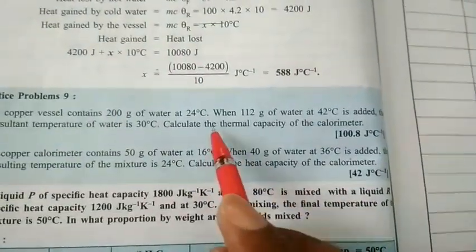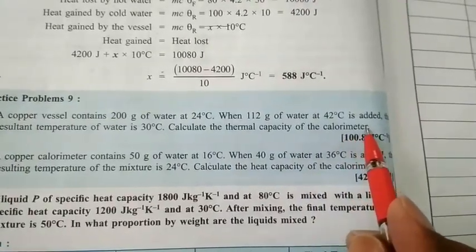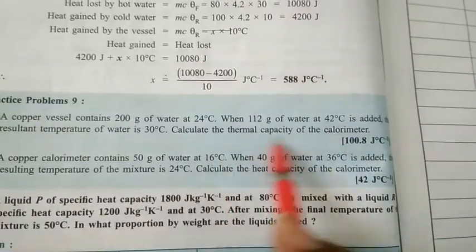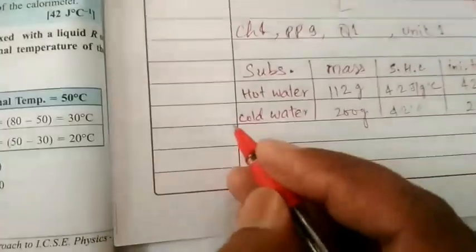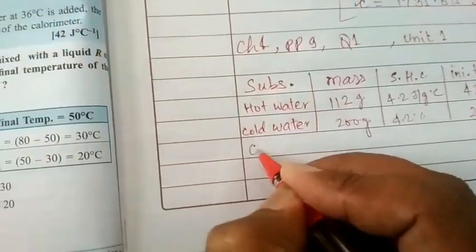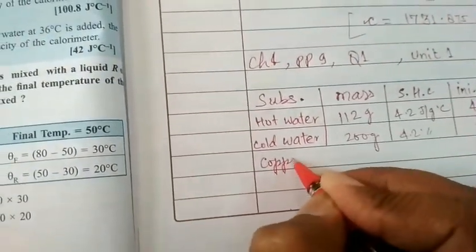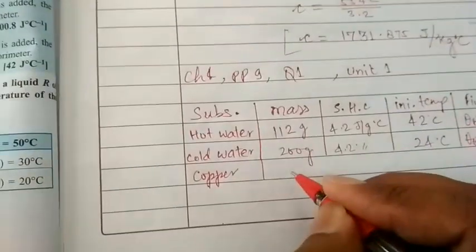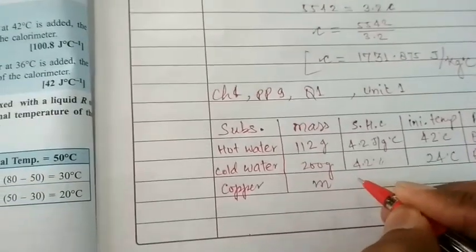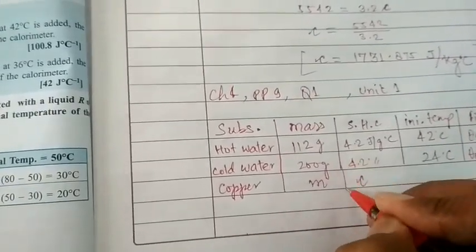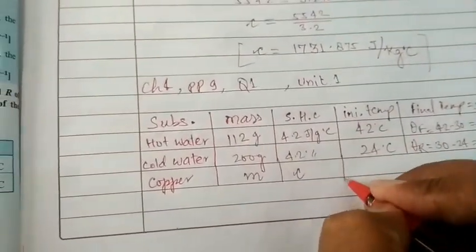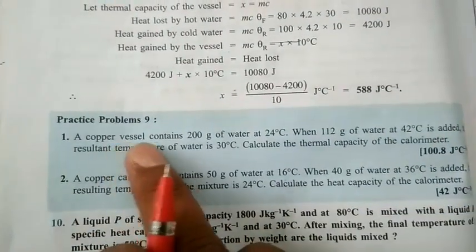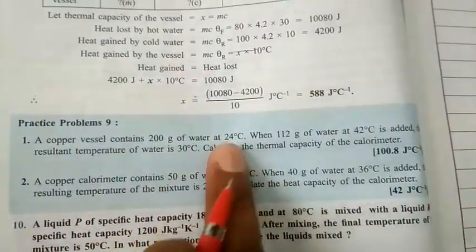Now see here, calculate the thermal capacity of the calorimeter, meaning the third substance. It's talking about the third substance. So let's add one more column, the copper calorimeter. I am writing in short only copper. Mass of the copper calorimeter is not given, so write here M. C is also not given, write here C. As I said, this copper vessel contains 200 grams of water at 24 degrees Celsius.